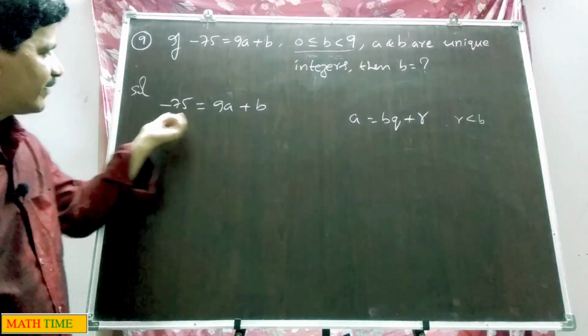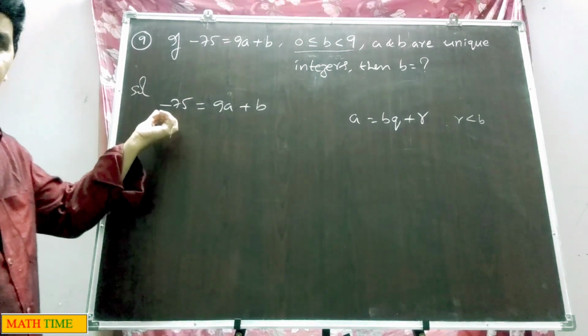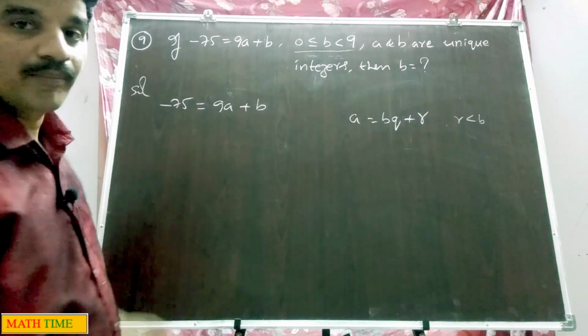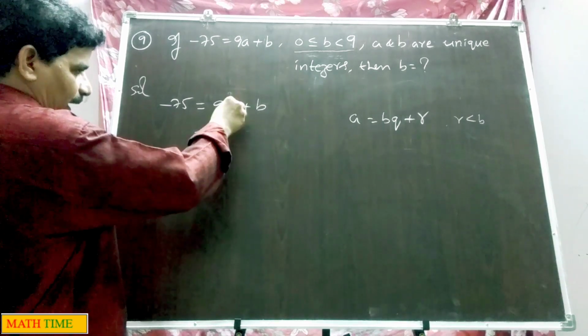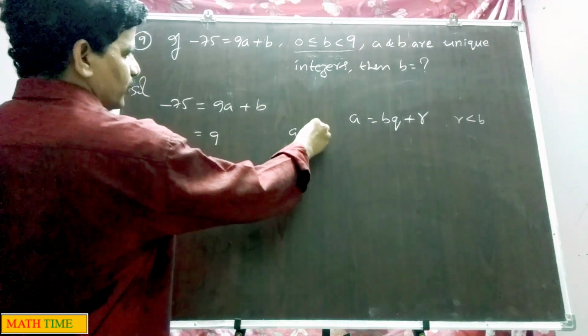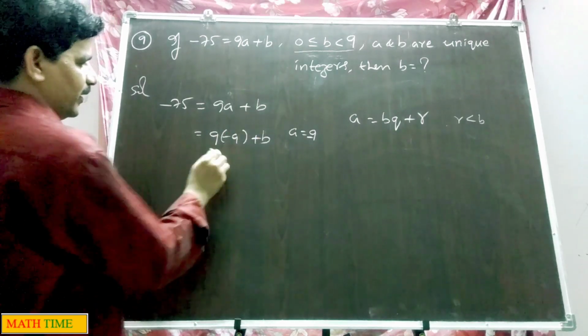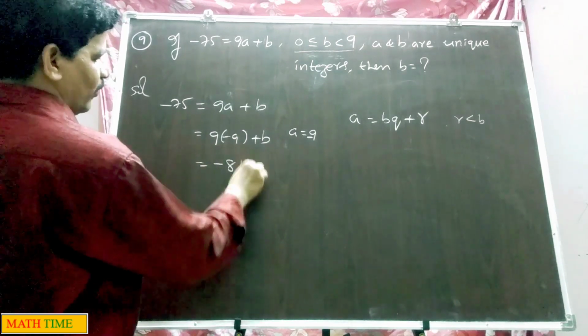So given minus 75 equal to 9a plus b, in LHS we have minus 75. In RHS also we should get minus 75. To get minus 75, I would like to choose a equal to minus 9. Therefore 9 into minus 9, minus 81, plus b.